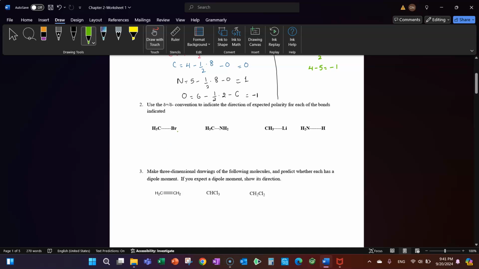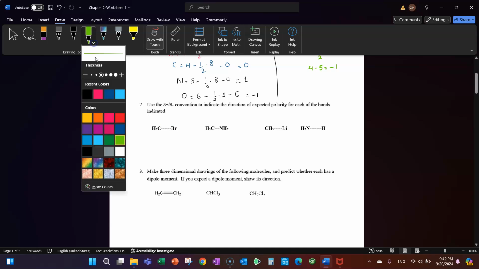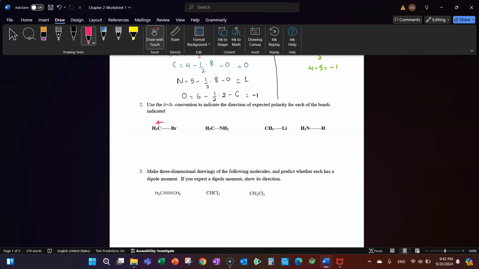Here it's asking, using the delta plus delta minus convention, how can you indicate the polarity for each of the bonds that are shown? So we are only concerned about the carbon-bromine bond, and remember bromine is more electronegative than carbon, and the dipole moment sign is always shown from the positive to the negative end.